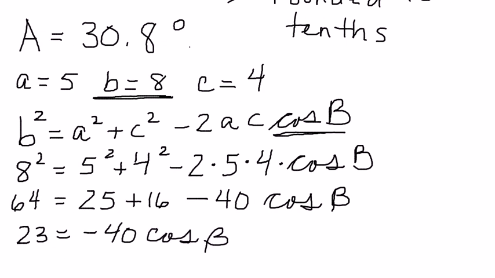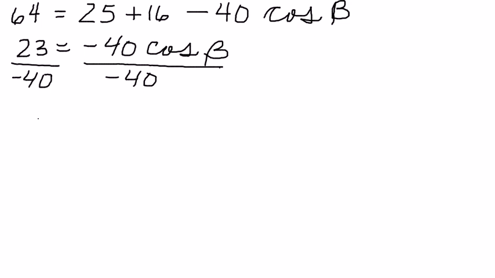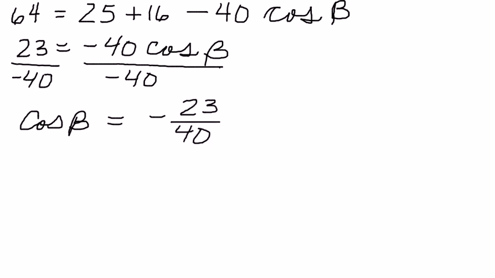Now to isolate cosine B, we will divide both sides by negative 40. This gives us cosine B is equal to negative 23 over 40. We can now use our inverse function to obtain angle B. B is the inverse cosine of negative 23 over 40.